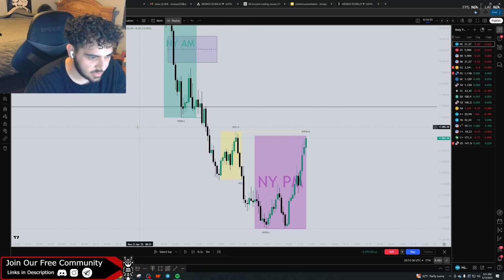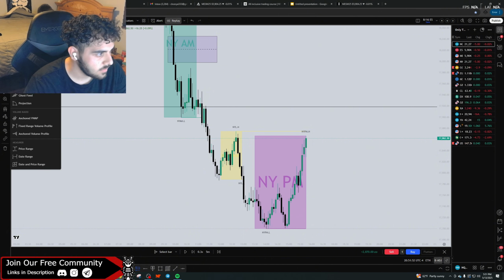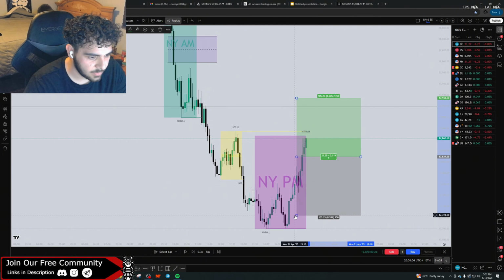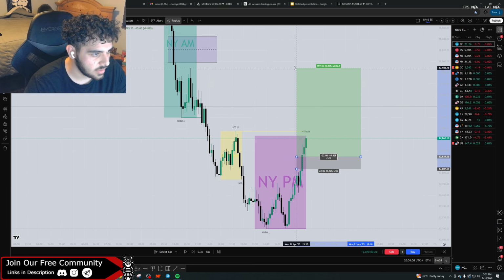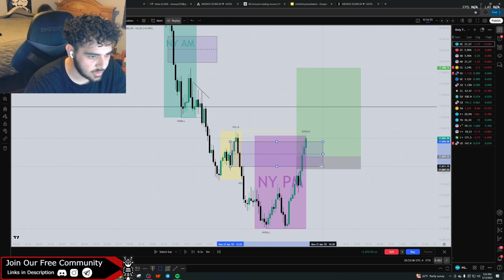I just missed it. I believe this is a good entry right here, targeting these highs. So you have this low resistance liquidity run. We're pushing through some of these fair value gaps in here, these inversions. And this is a power hour. So let's see how that goes.